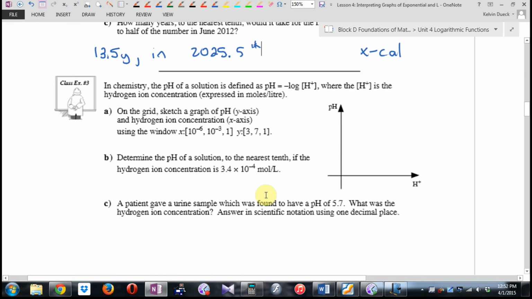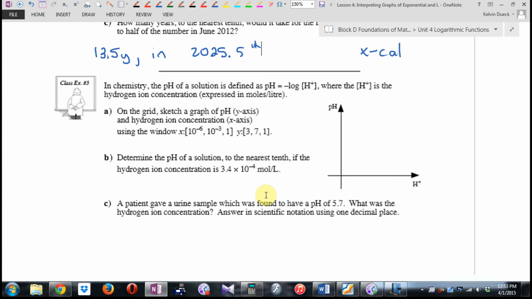Are we doing a log graph or an exponential graph? And how can you tell? Why? Captain Obvious. How come? Log. Okay? Now this is terrifying looking, but wait a minute. Look at the equation. Whenever I see pH, I'll put that in for the x value or the y value?